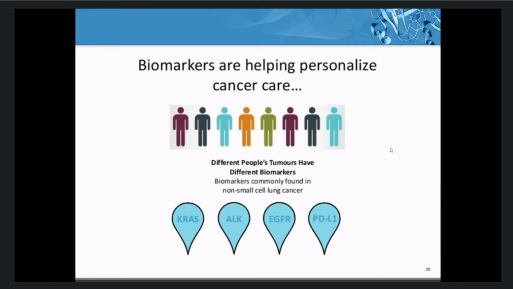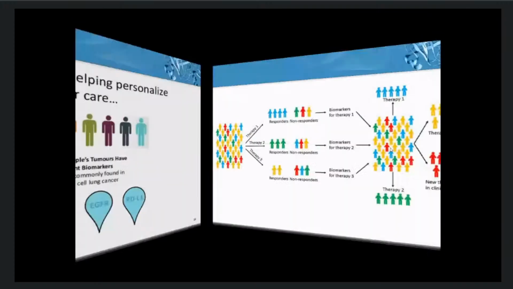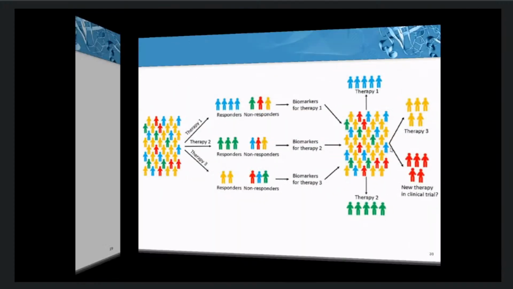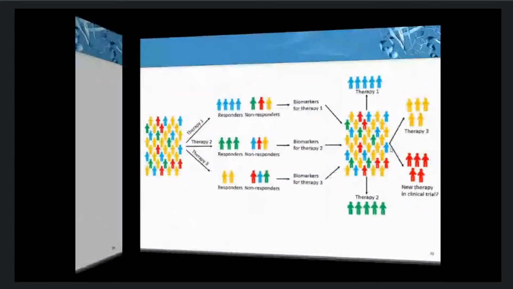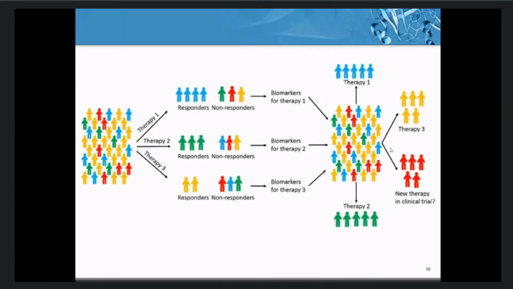When you talk about small cell lung cancers, all these genes are there, which is the example I have given here. Apart from that, there are more than 105 genes which we usually target for cancer. After we give the therapies, let me distribute into 3 different aspects: some people respond, some people don't respond. So we take that as different biomarkers.